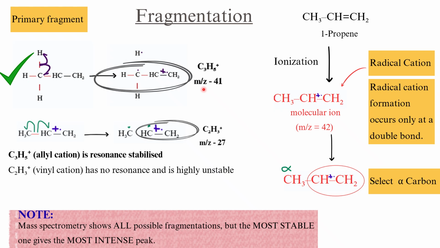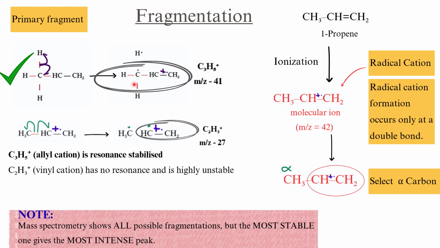And always remember there is a note for you. In mass spectrometry, you will say, ma'am, in the mass spectrum I should get the peak only for this. Then I am able to see the peak for 27 also, but you told me that only primary fragments will appear in the mass spectrum because they are more stable. Well, no, it's not the case.